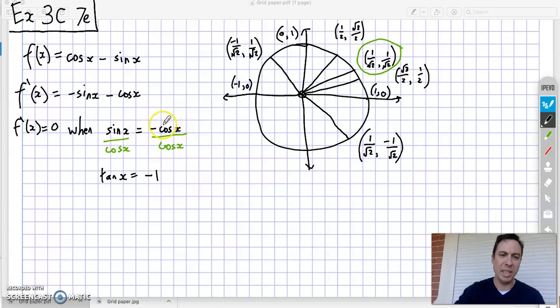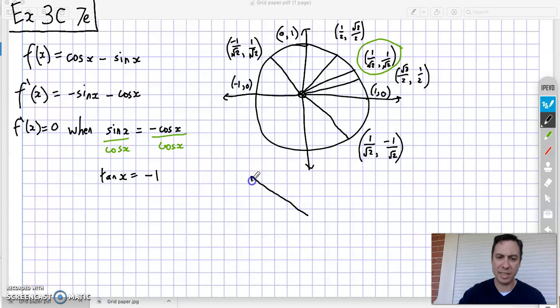Or I could say when cos x is minus sine of x, right? You could think about it with tan as well. Tan in a unit circle is giving us the gradient of this line, and the gradient here is minus 1, and that's minus 1 there as well.